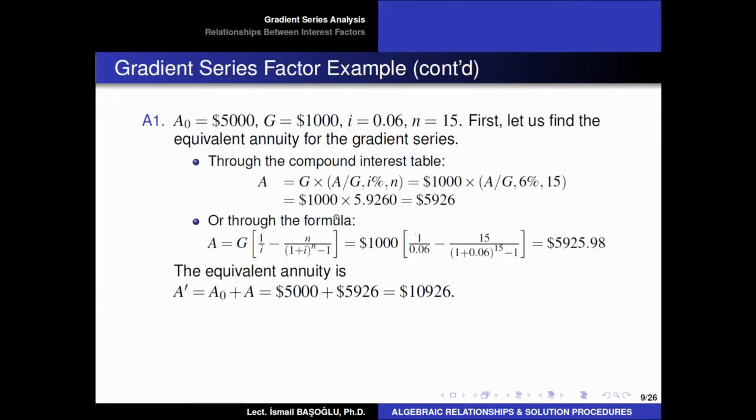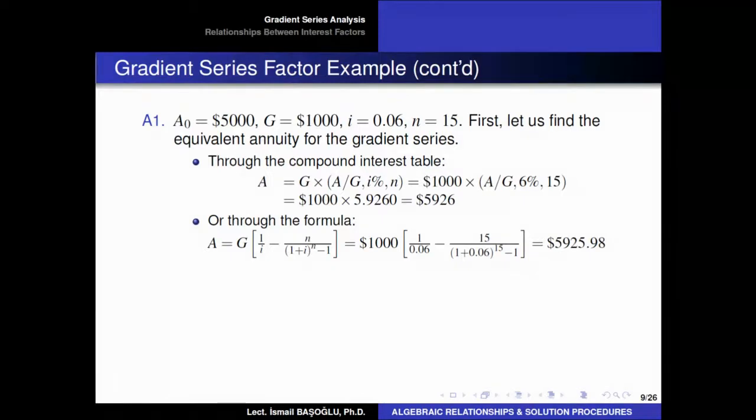Okay. Now, we can also calculate the equivalent uniform amount for the gradient by multiplying the gradient amount with the uniform gradient series factor, which can be looked up in the compound interest table. For that, I am going to share the compound interest table with you.